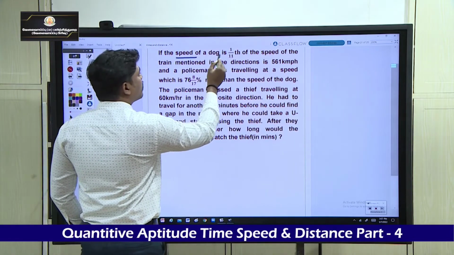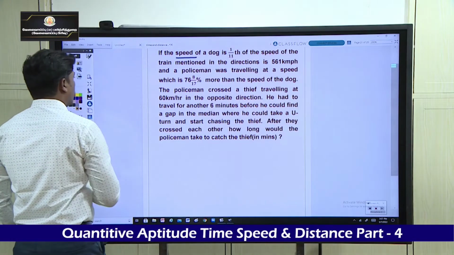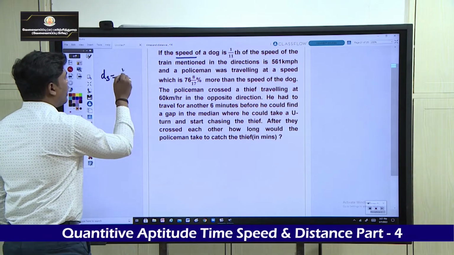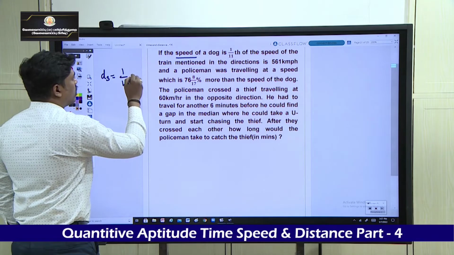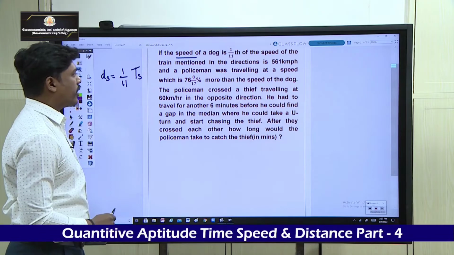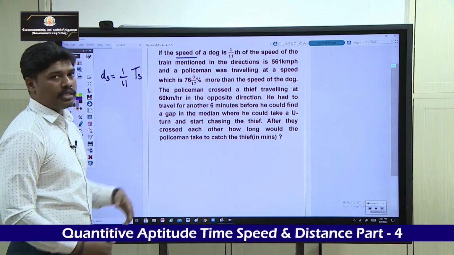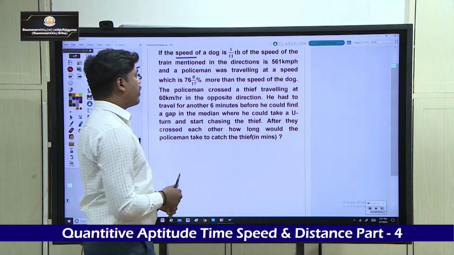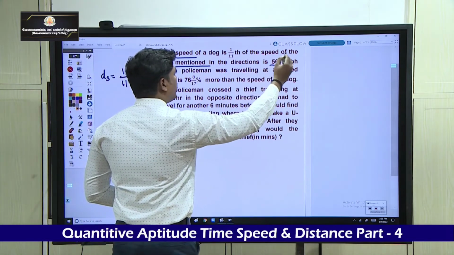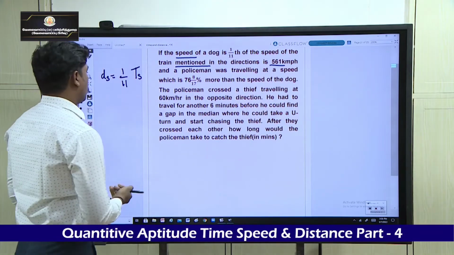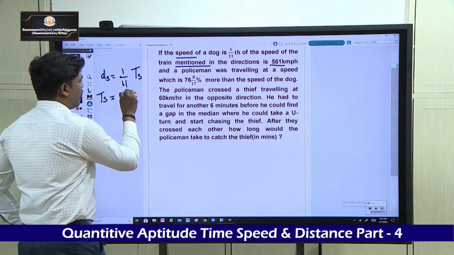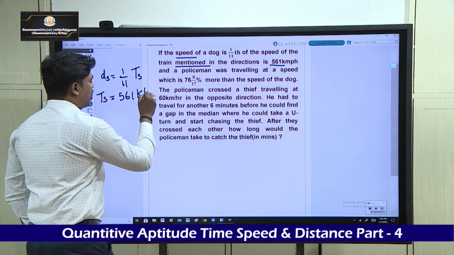If the speed of the dog is 1 by 11th of the speed of the train, look at the first point. The train speed mentioned here is 561 km per hour.